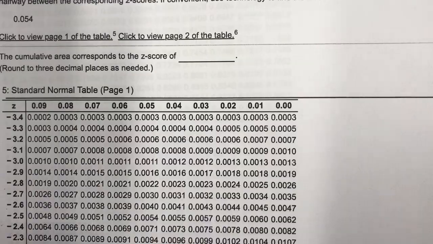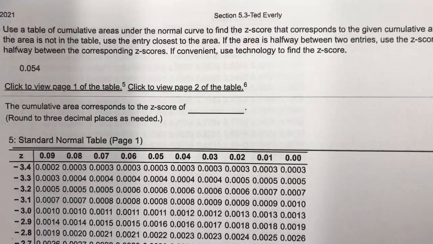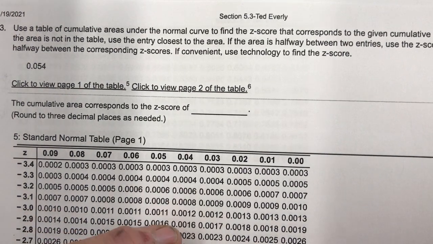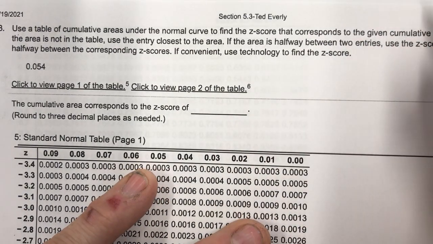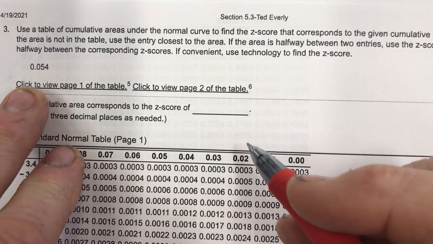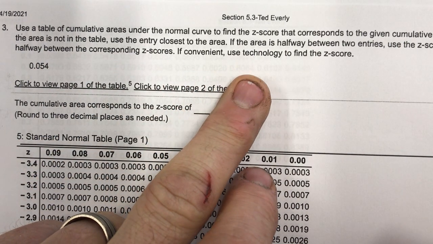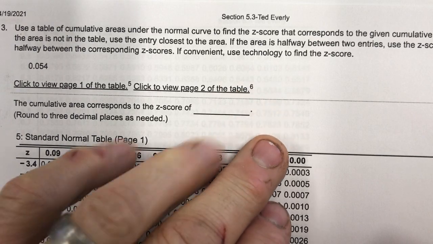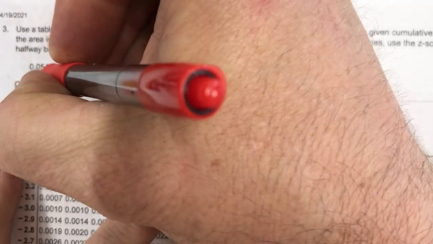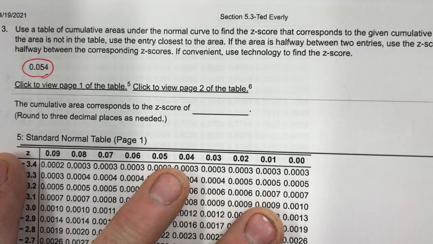Okay. Number 3, use a table again to find the z-score that corresponds to the given cumulative area. If the area is not in the table, use the entry closest to the area. If the area is halfway between the two entries, use the z-score halfway between the corresponding z-scores. So it's got this right here, 0.054.